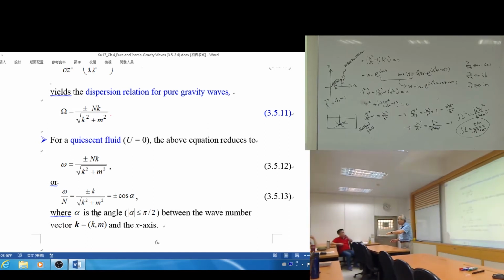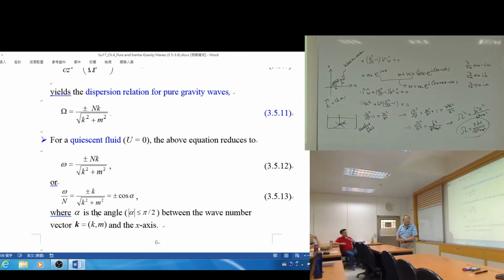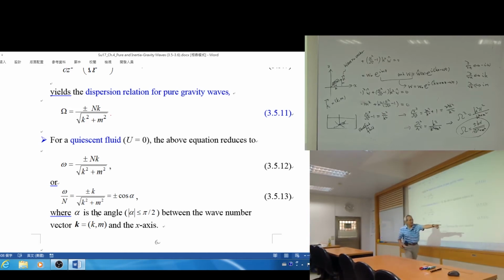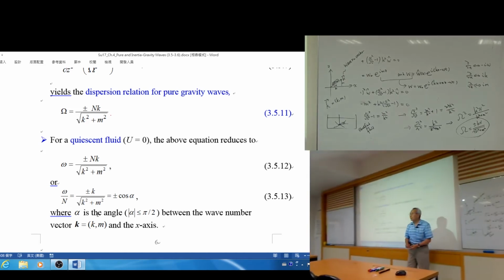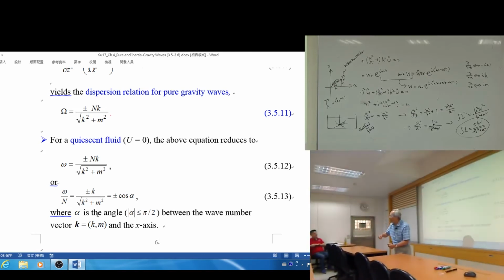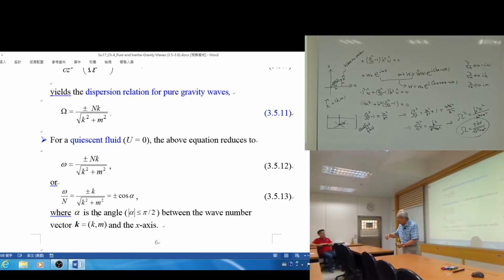And also your omega. What's omega in this case? It's how fast you generate. You can do it slowly, you can do it faster. And that will determine how large this angle alpha is.